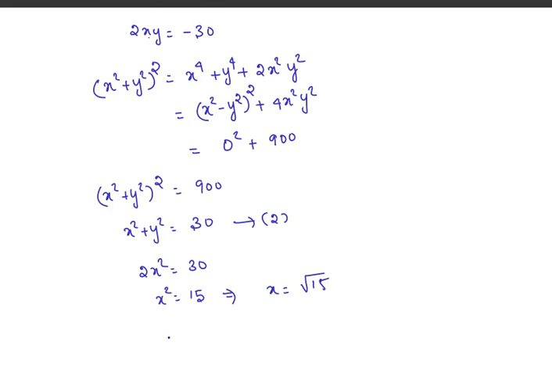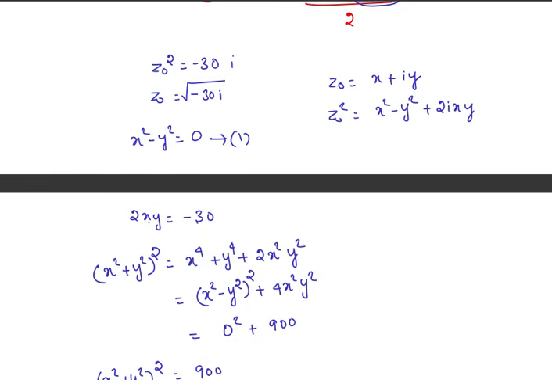So y square equal to 15, because 30 minus 15 is 15. So this implies y equal to square root of 15. So z0 is square root of 15 plus i times square root of 15.